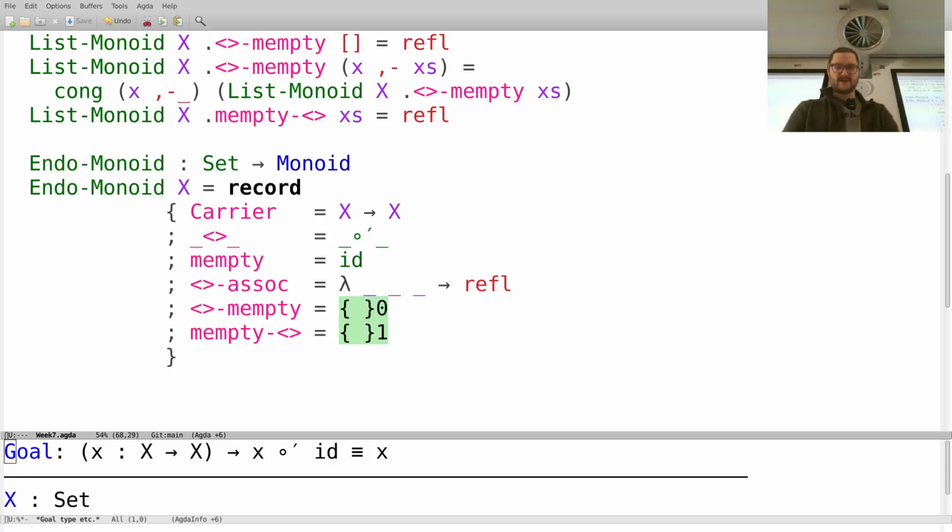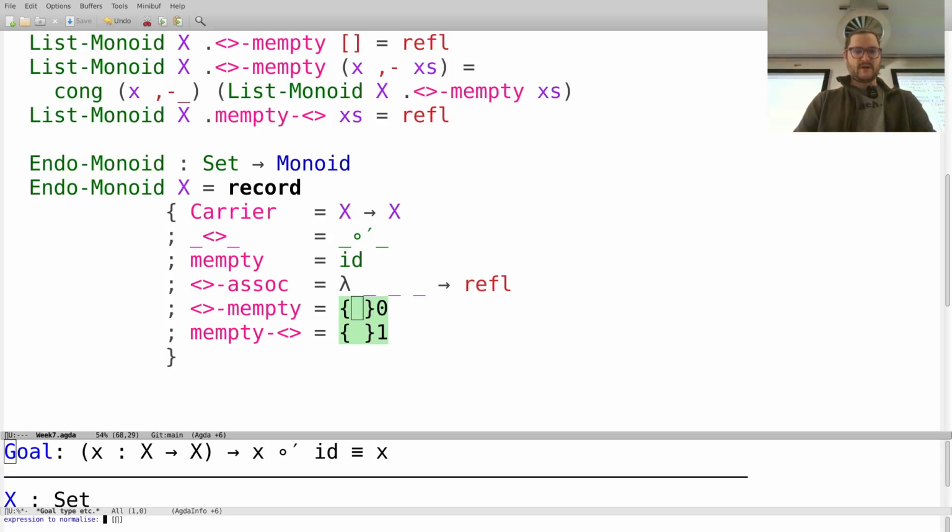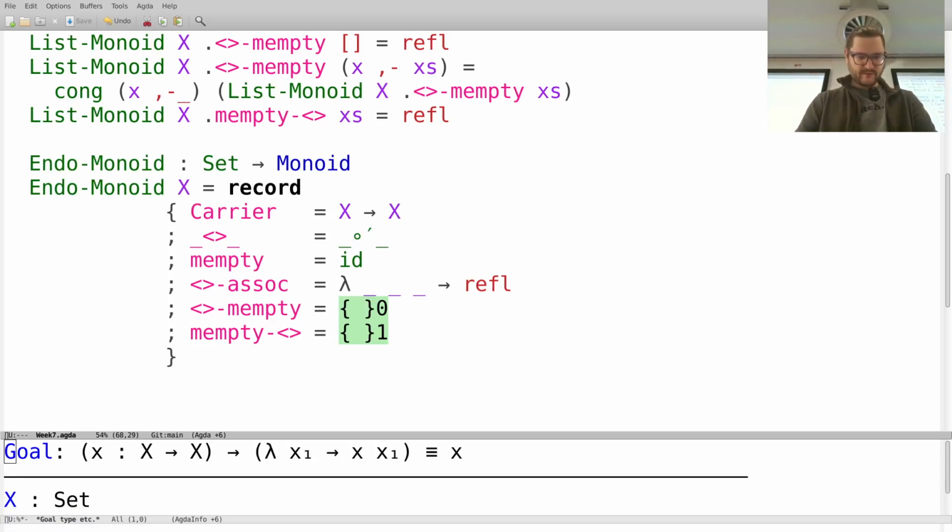Well, if I normalize this, okay, there's a bit more magic actually that I didn't mention in the other case, but it's going to be more visible here. So Agda is saying, oh, we had x composed with identity, but identity only computes if it's applied to a value. Luckily, Agda knows internally that any function is equivalent to a local, anonymous function which takes its argument and then passes it to the function.